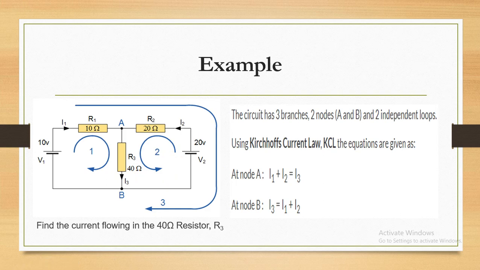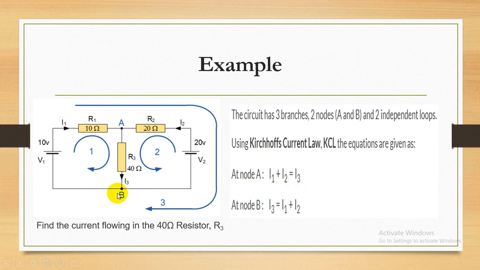When you apply KCL at node A, this current is entering and this current is entering, but this I3 current is leaving. So entering currents is equal to the leaving currents. Then I1 plus I2 is equal to I3.